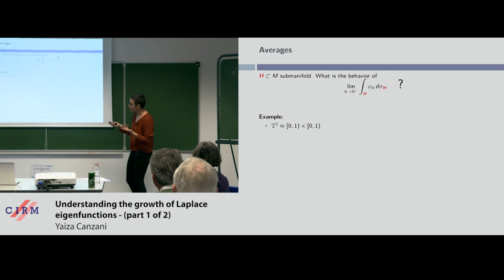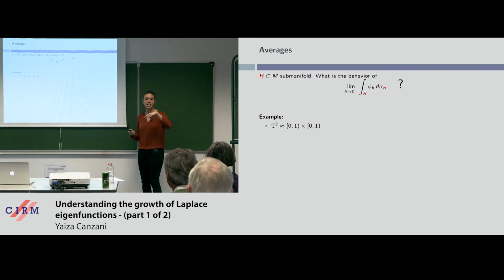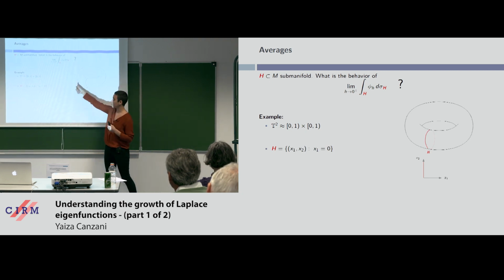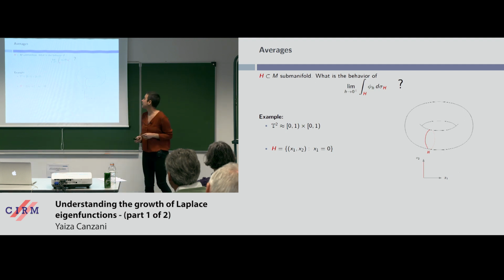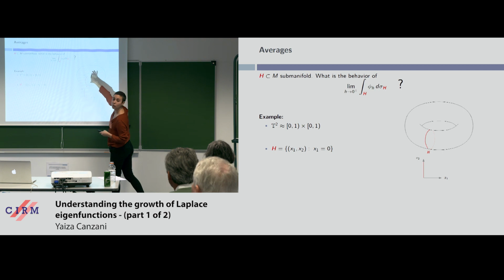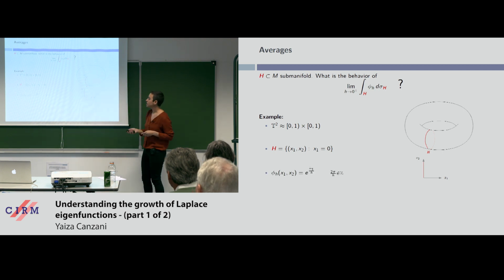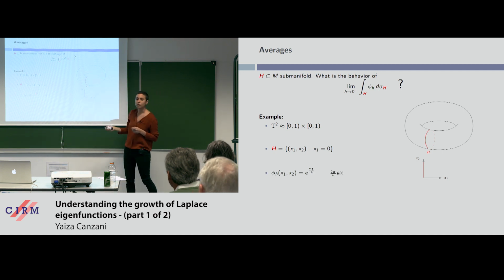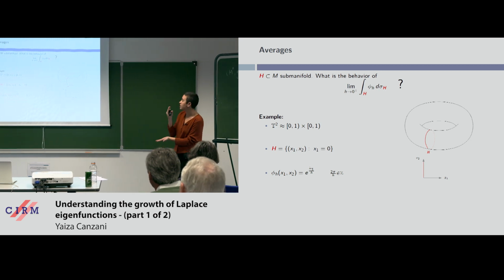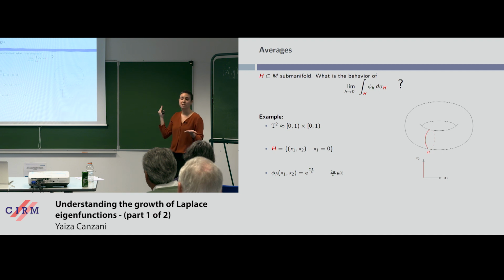This is an example on the two torus, where the averages will not go to 0. On the two torus, I'm writing x1 for these coordinates, x2 for the y coordinates. You can consider this closed geodesic, x1 is 0. And you have all these eigenfunctions, e to the i x1 over h. When you evaluate them at this curve x1 is 0, all of them are constant equal to 1.